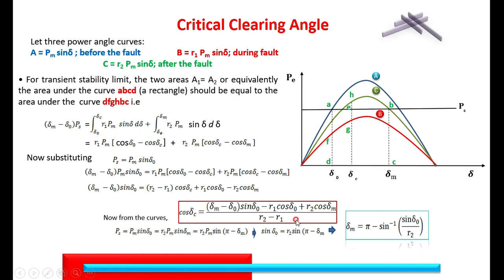Then R2 and R1 are also given quantities, so you can find the critical clearing angle, so that you should not go beyond this critical clearing angle, otherwise the system goes to the unstable condition.